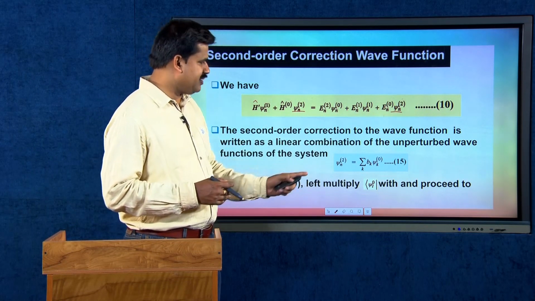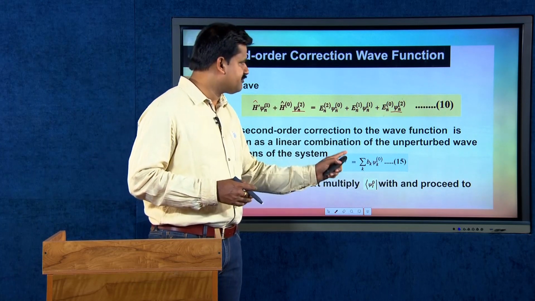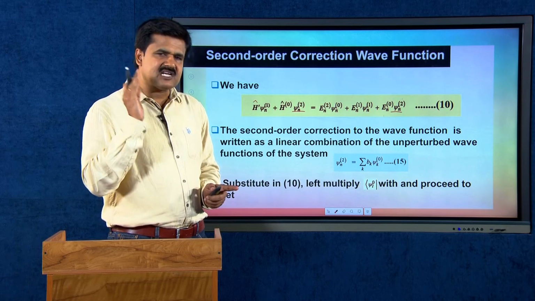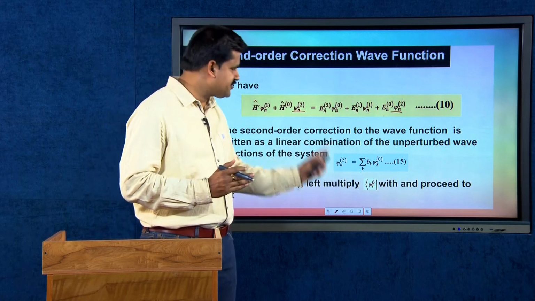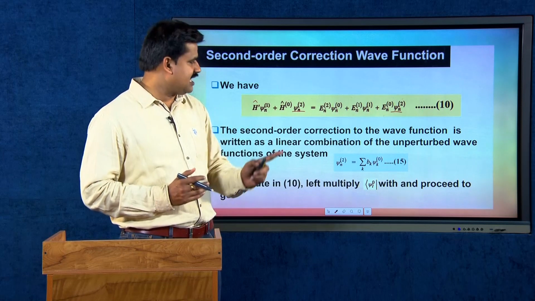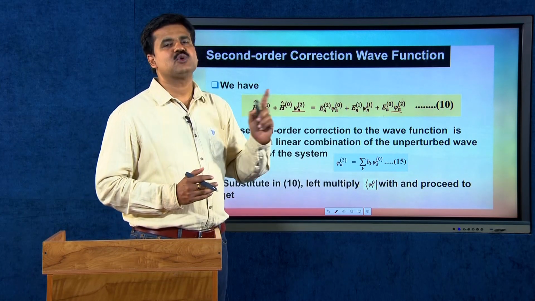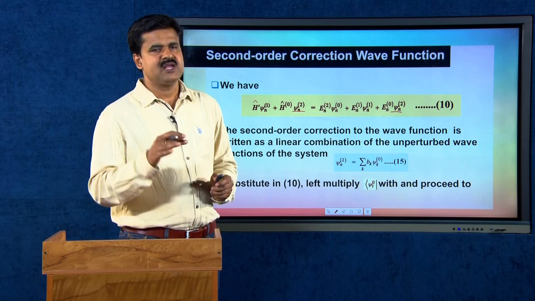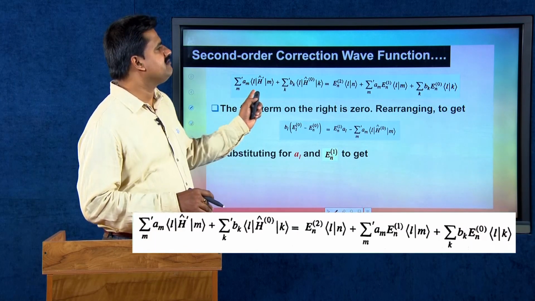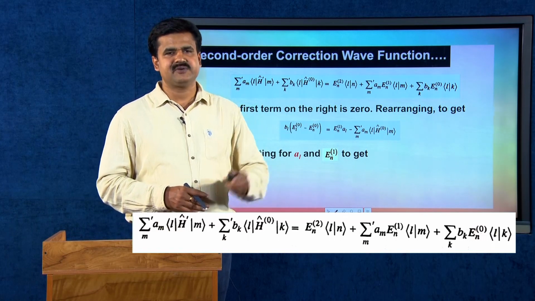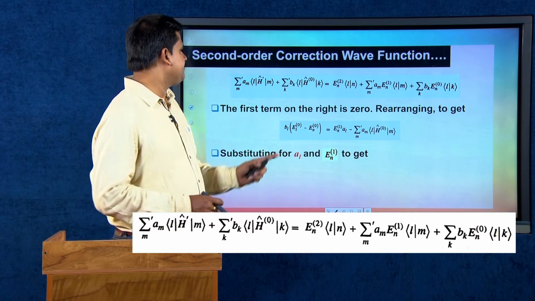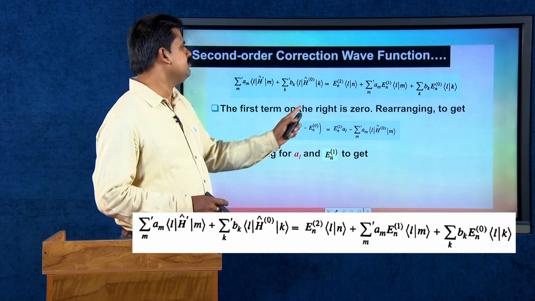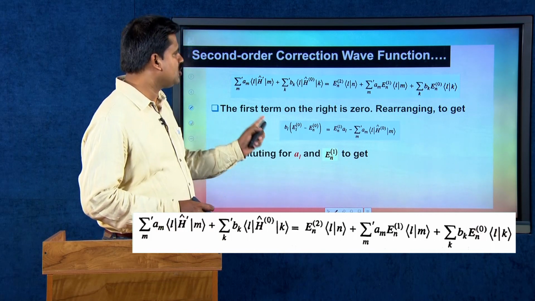On substitution of equation 15 in equation 10, you will get a result, and in each term of that result, you have to left multiply with psi_l^0 star and integrate over space. On that mathematical proceeding, we will get this complicated integral equation, in which the first term on the right side is equal to 0.